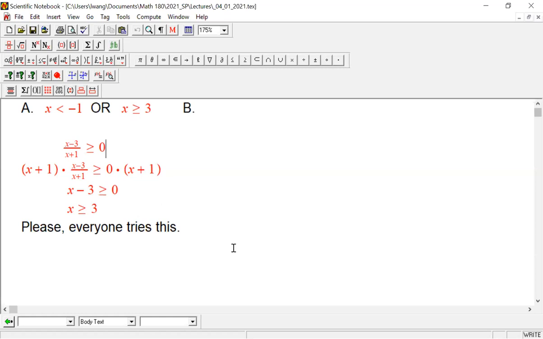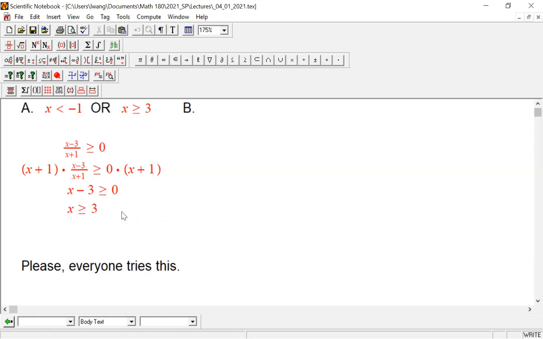Right. That everything else behind it would be the correct answer. Well, just because it cannot be -1 doesn't mean it has to be less than -1.